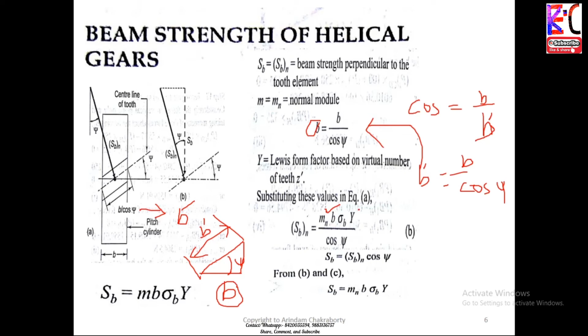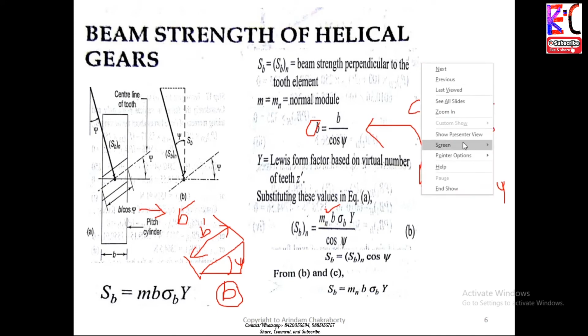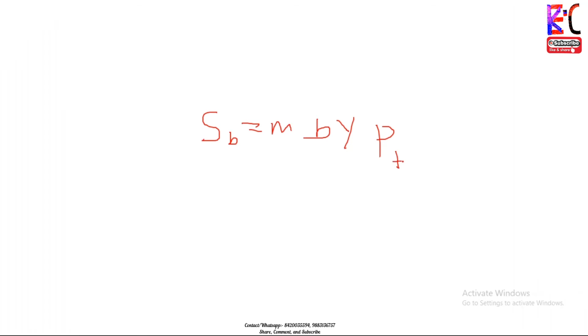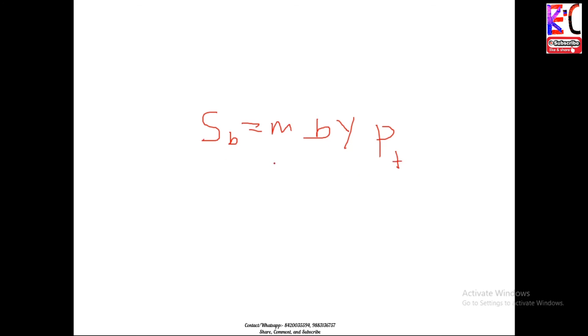So what happens is the equation is something like this. Let us consider the equation to be Mn. Let me take a white sheet, it will be very easy for you. Sigma B is equal to M B Y P. Fine, so this is for spur gear.